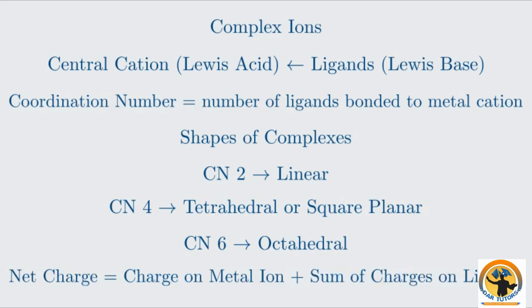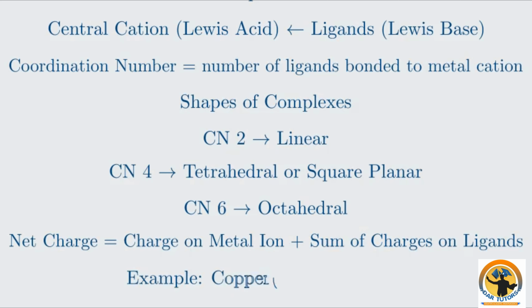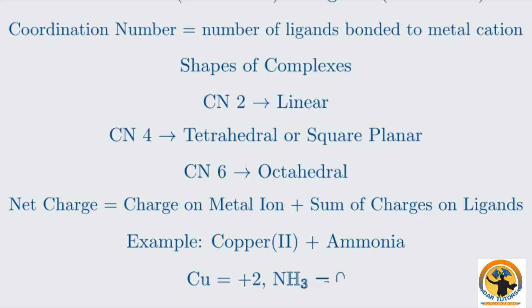The net charge on the complex ion is the sum of the charge on the central metal cation and the total charge on all the ligands. This allows for complexes to have positive, negative, or even zero charges overall. For example, let's consider the complex ion formed when ammonia ligands coordinate to a copper-2 ion. The copper-2 ion has a +2 charge.